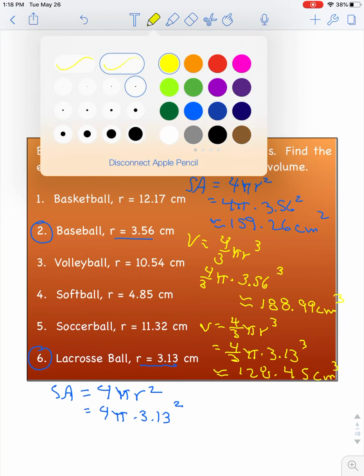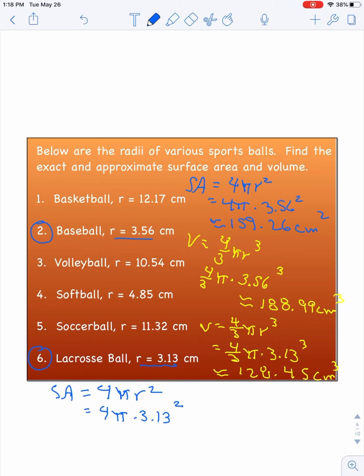And if we go back to the surface area of the lacrosse ball, it is actually approximately 100. Oh, I see. I calculated it in exact. So the other values were the exact, and I did all of these as approximate. If you want the exact, you just do it in terms of pi.